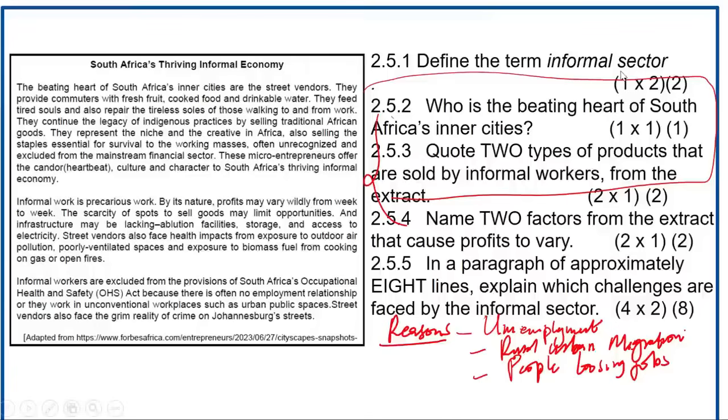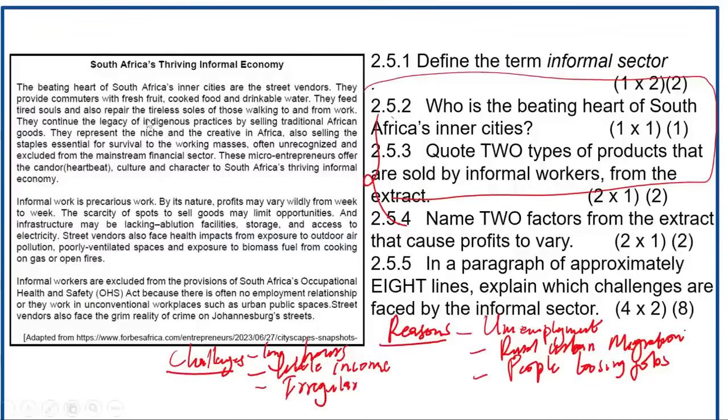And now you also need to know what are the challenges that people face in the informal sector. Number one, in the informal sector, people work long hours, and they work long hours for little income. As much as the income is little, it is also irregular.